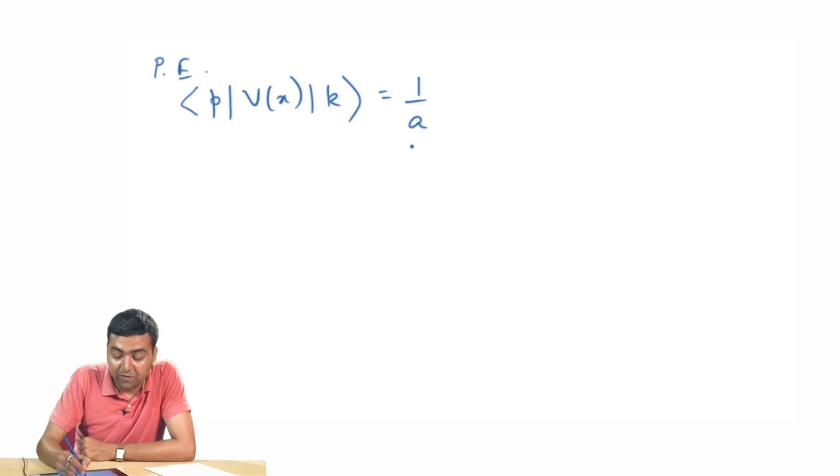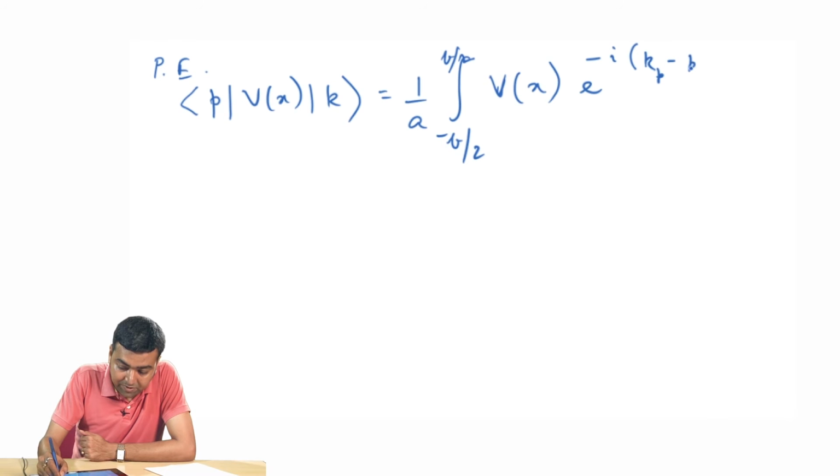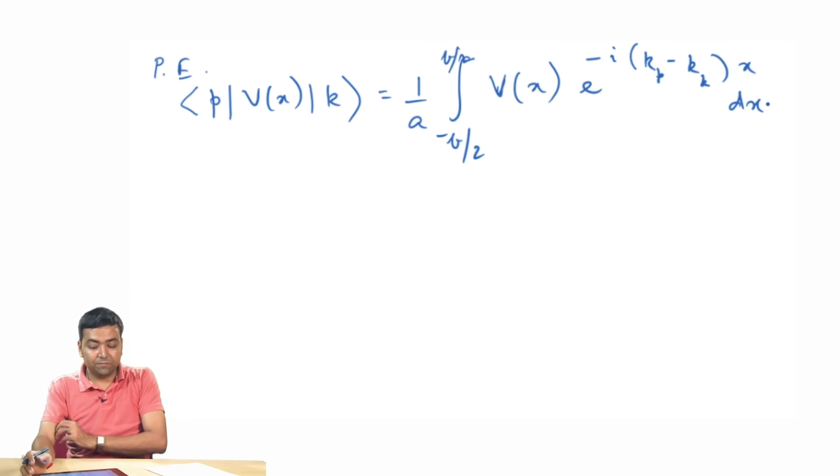I am writing 1 by A, which comes from the normalization constants of the plane waves p and k, each of which is 1 by root A, integral from minus b by 2 to b by 2, V(x) e to the power minus i (k p minus k k) x dx. This is the integral.